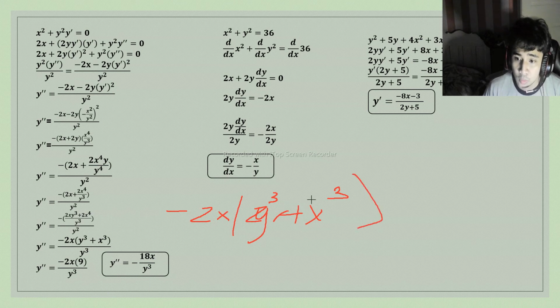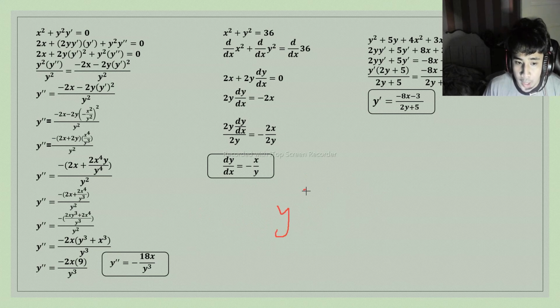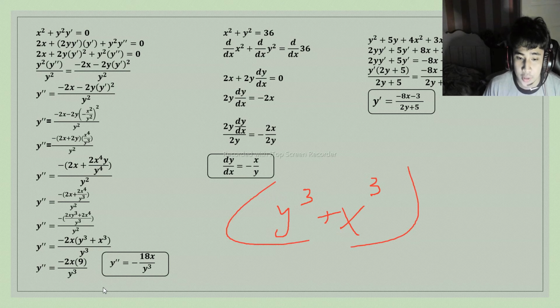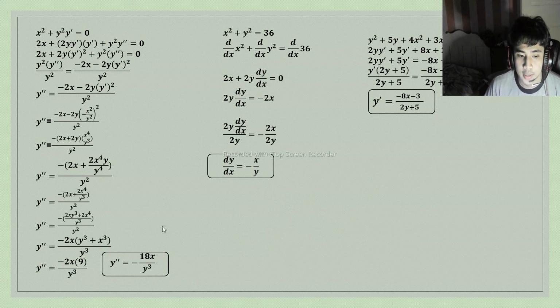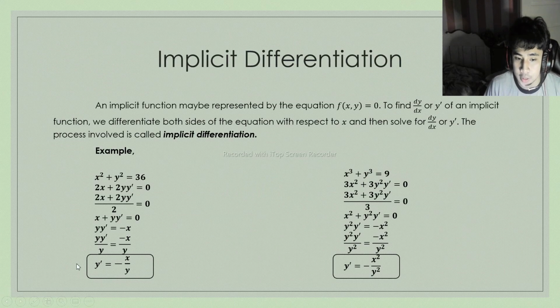So, pag nakuha na natin yan, mapapansin nyo yung y cube plus x cube ay may katumbas yan, at yun yung nasa kabilang natin, yung pinakauna. Which is, y cube plus x cube. Pareho lang naman sila and that will be equal to 9.